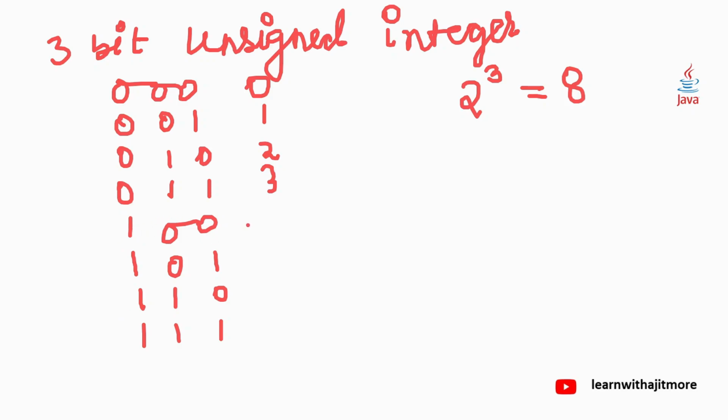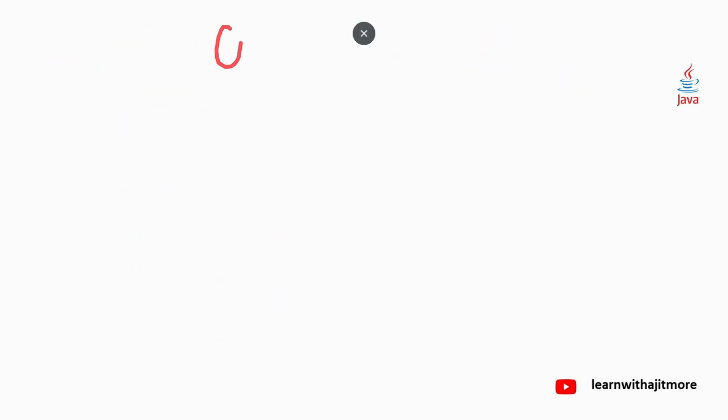So directly decimal, no need to convert to 2's complement. Direct decimal means 4, then 5, then 6, and then 7. So can you check? Capacity is 8, all 8 are positive. As all 8 are positive, the range will be like this: 0 to directly 7.